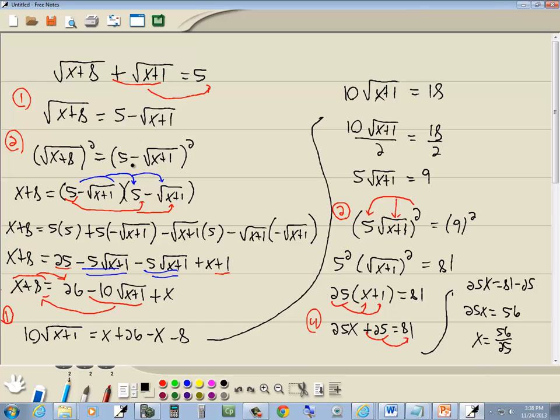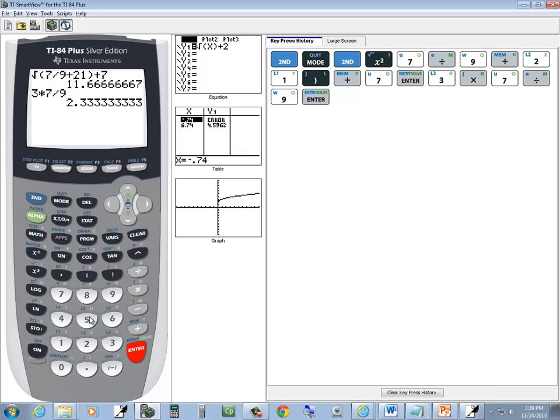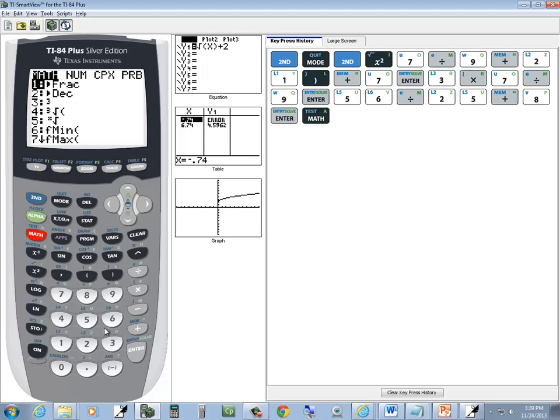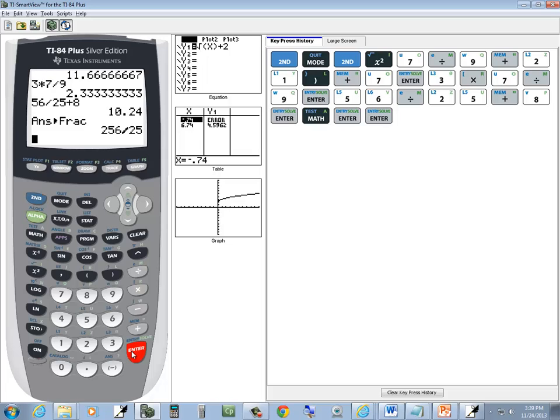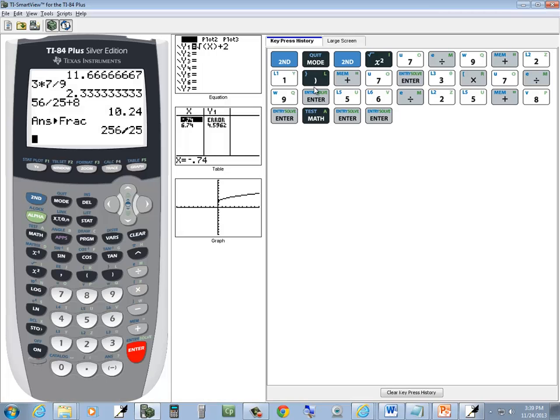Now let's see if it checks. If I plug 56 over 25 back up here, let's see what 56 over 25 plus 8 is equal to. 56 over 25 plus 8, that gives us square root of 256 over 25.